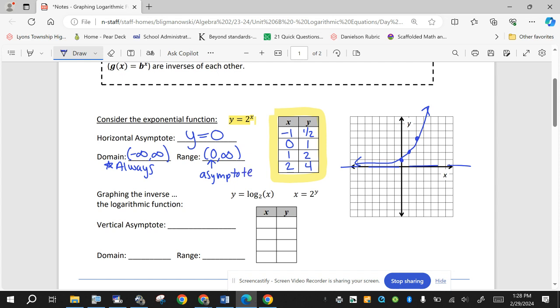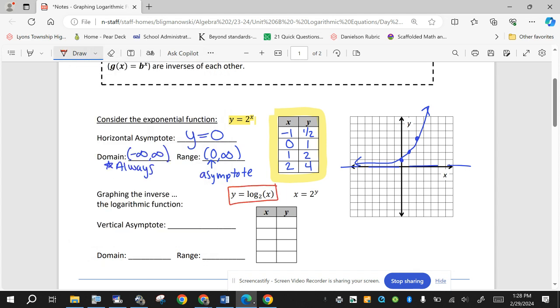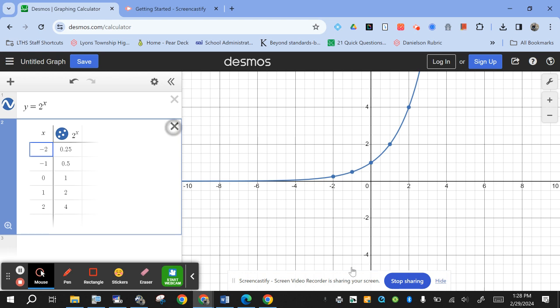All right, now we're going to compare this to the graph for a log. So I'm going to change colors. And let's type this into Desmos and get our table of values. So I'm going to close these.